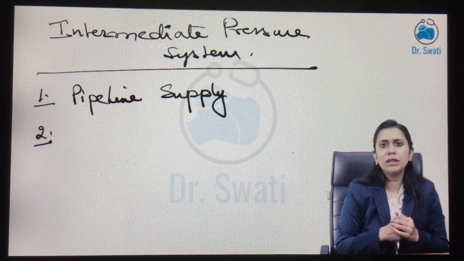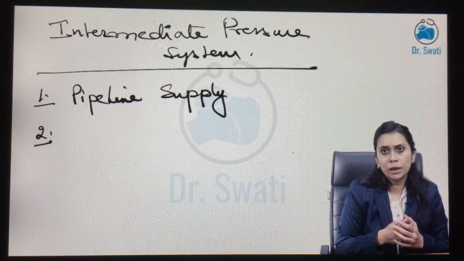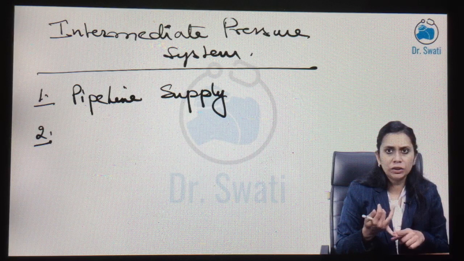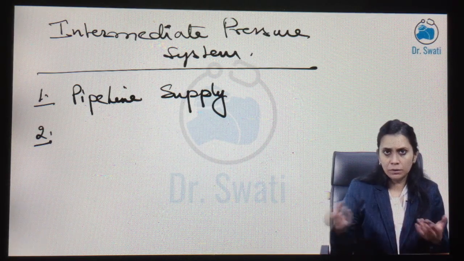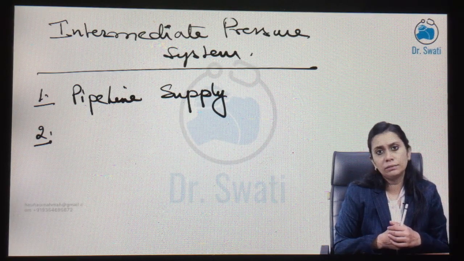Now guys, you may have seen, gases supplied through the machine can be supplied from two sources, pipeline and cylinder. Pipeline, the central gas plant where gases for medical use are prepared, oxygen, nitrous oxide, air, and through pipeline it is supplied to the hospital complexes or, let's say, the operation theater.